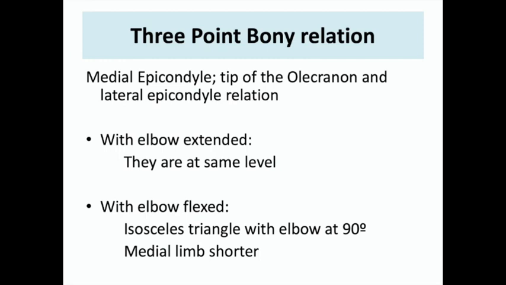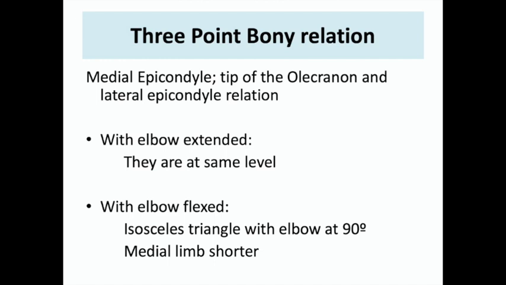Now you need to mark these points and then assess them, comparing them with the normal opposite side. This is very, very important. The normal relationship in extension: all these points lie in a straight line. When you examine this in flexion of 90 degrees, they form an isosceles triangle with the elbow at 90 degrees.